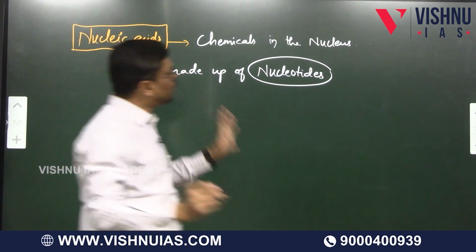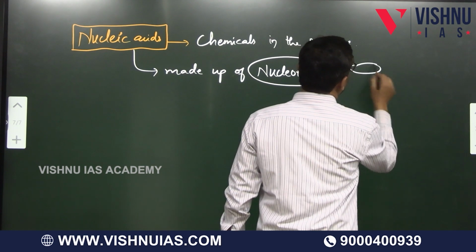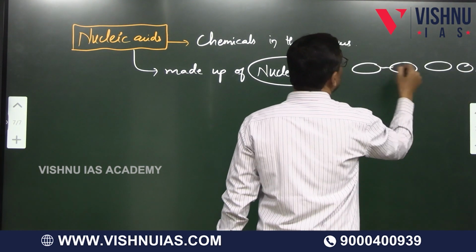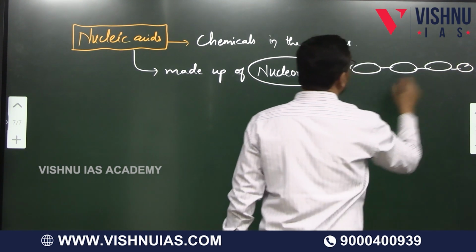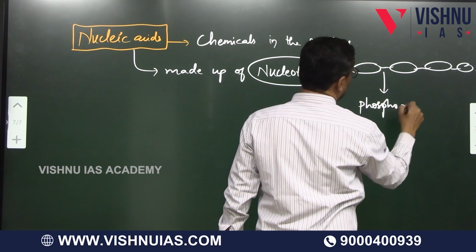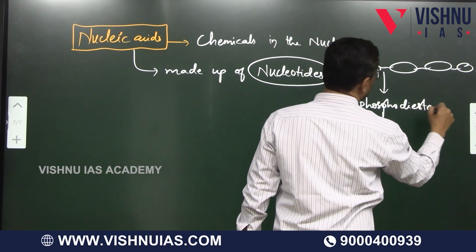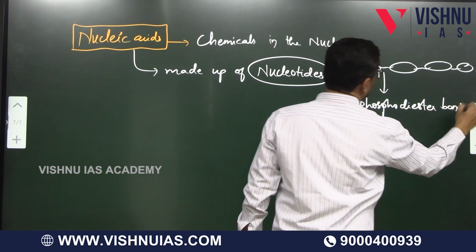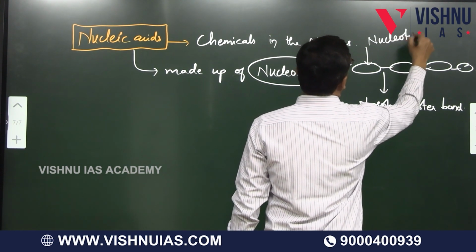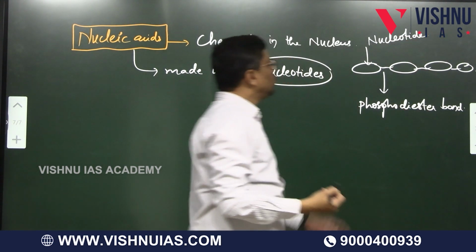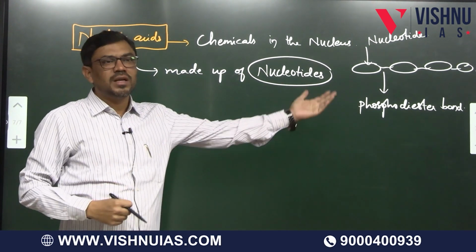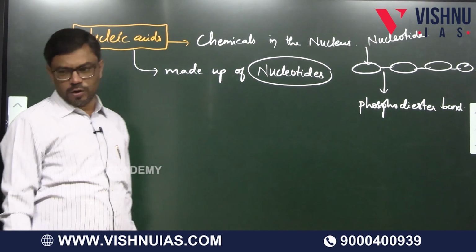Say, for example, this is a nucleotide, and this is a nucleotide, nucleotide, nucleotide, and so on. These nucleotides are linked by a phosphodiester bond to form a chain-like structure that is called a polynucleotide.